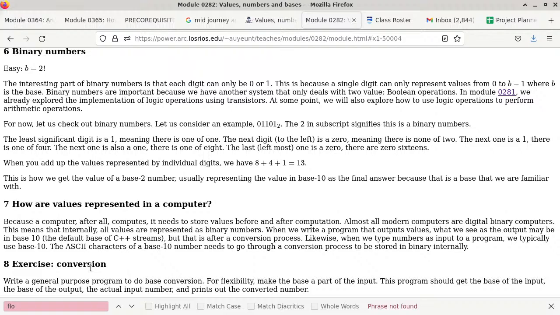You can write a program where you give it an integer in base 10, and it will convert it to whatever base you want. And you can write another program where you give it a number in a specific base, and it will display the base 10 equivalent of that value. So do you have to do it? The answer is no. Would it be beneficial to do it? I think so. So if you have time, go ahead and do it. But if you do not have time, it's probably okay not to do it.